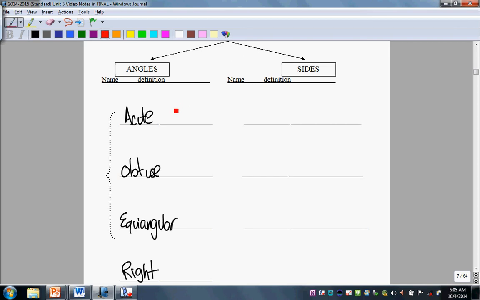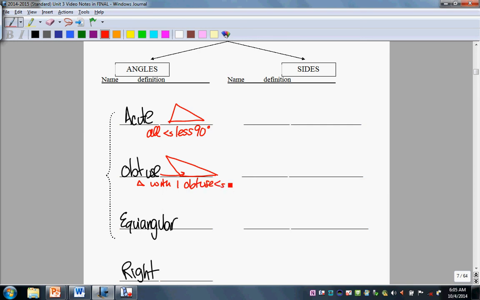Okay, an acute triangle is any triangle with all three angles less than 90. That's acute. Obtuse is where you have a triangle with one obtuse angle.